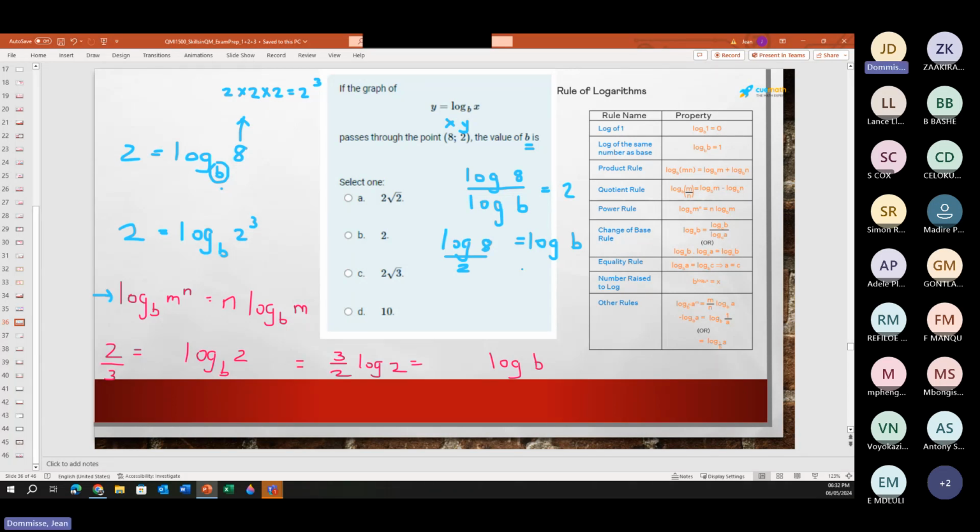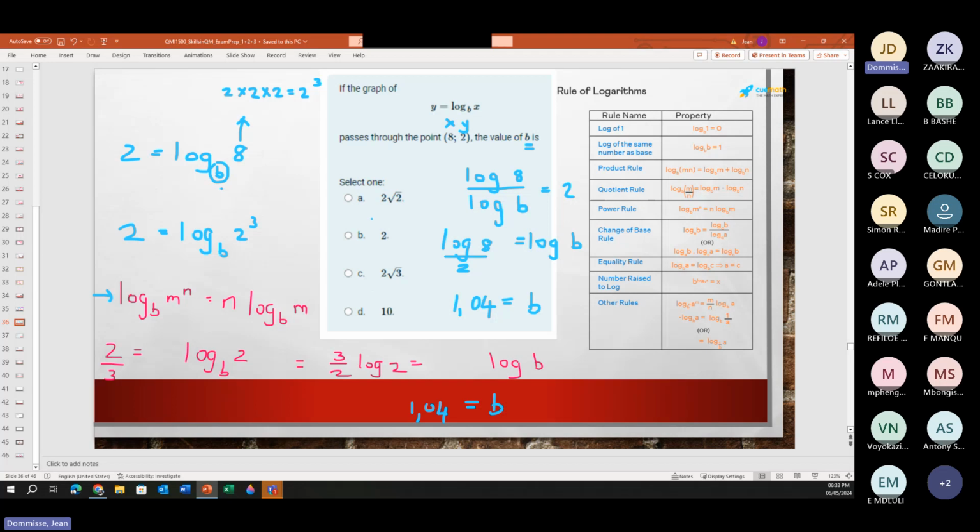Okay, because it's log 8 divided by 2. Yeah, it's 1 comma 04. I get that b should be equal to 1 comma 04. That's the same that we get here, b is equal to 1 comma 04. And none of these is equal to 1 comma 04.